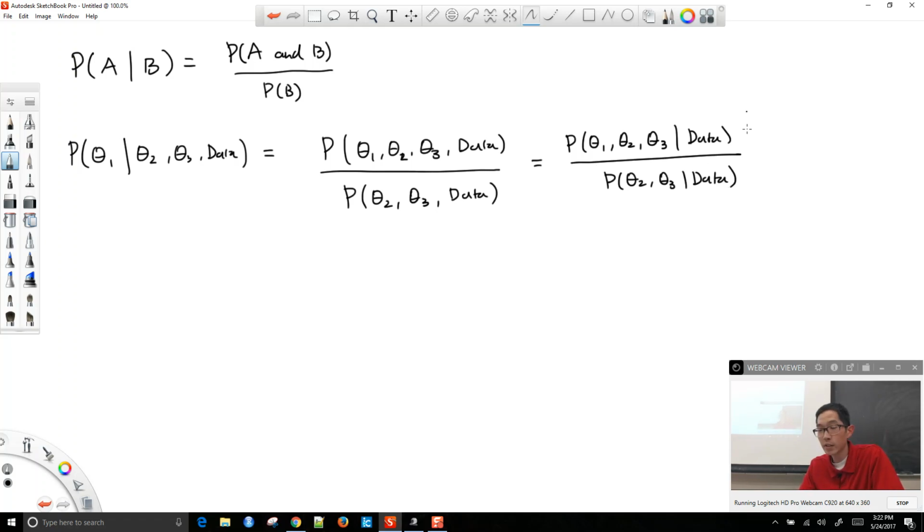This is the total joint posterior, and this is the marginal distribution.